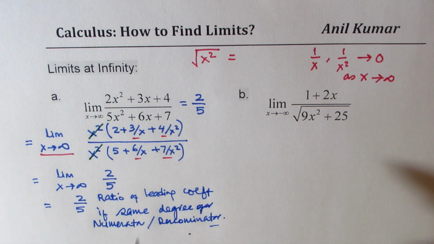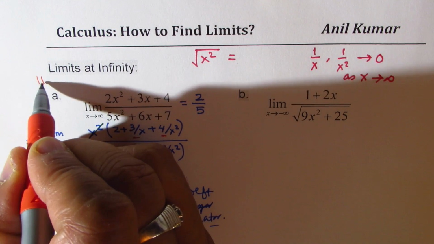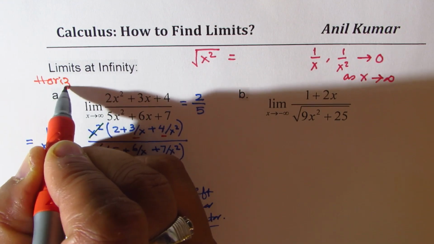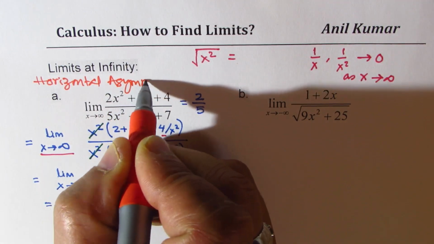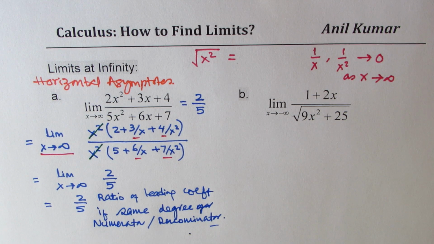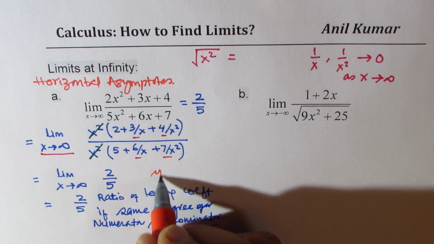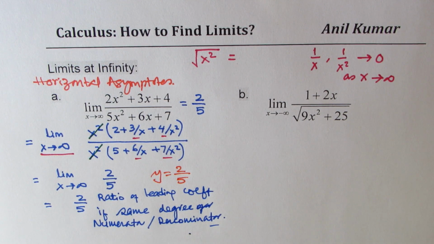So at times, it is a fixed value. So by definition, we understand this is also a horizontal asymptote. So sometimes you may have to find the equation of the horizontal asymptote, which will be y equals 2 over 5. Does it make sense to you? Correct? So that's how it should be solved.